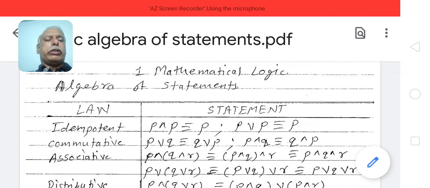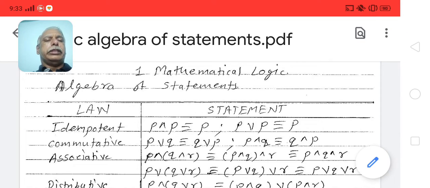Now, the commutative law. P or Q is equivalent to Q or P. Similarly, P and Q is equivalent to Q and P. This commutative law we also use from fifth standard. 3 plus 5 is equal to 8.